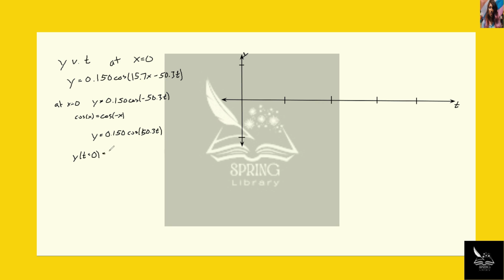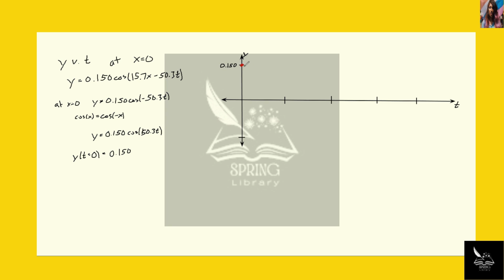So y of t equals 0 equals 0.150. So we can make our first point here, and we can label this value as 0.150.